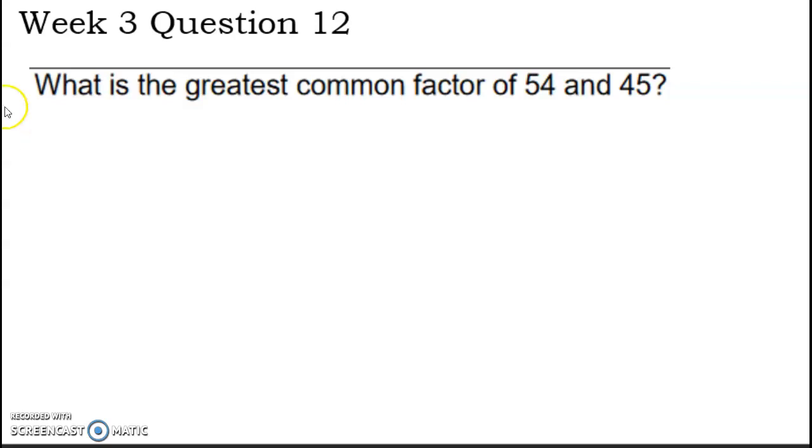So let's think about the number 54. Numbers that can multiply to be 54. So we have 9 and 6. We have 54 and 1. We have 2 and 27.